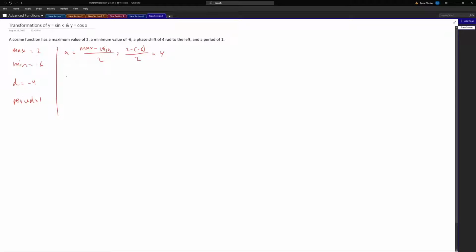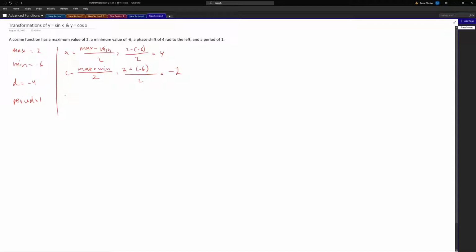Then our c value is equal to max plus min over 2, which is equal to 2 plus -6 over 2, which is equal to -4 over 2, which is equal to -2. We know what our phase shift is, and next we have to find our k value.